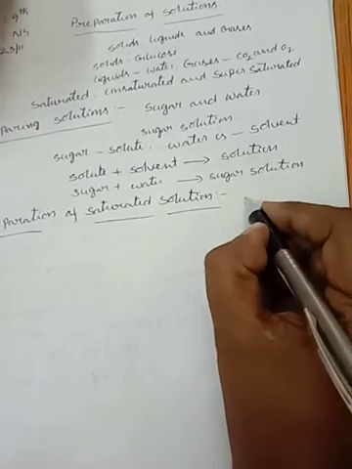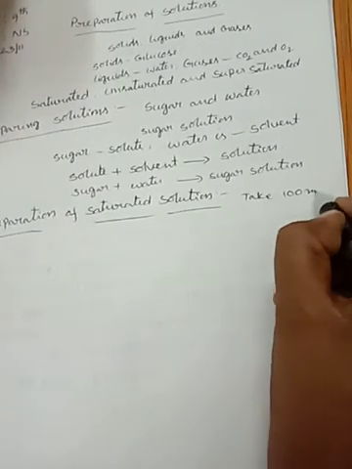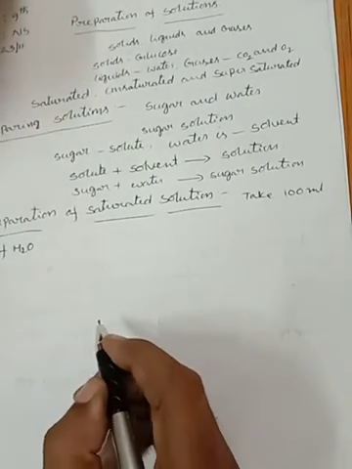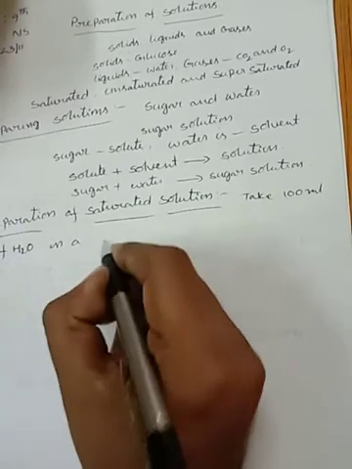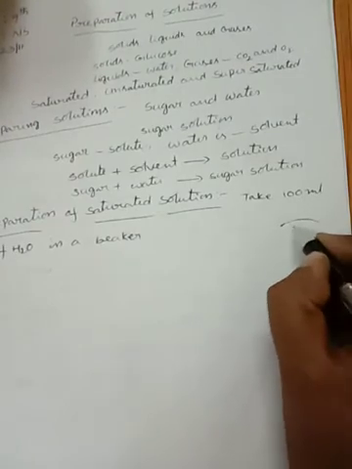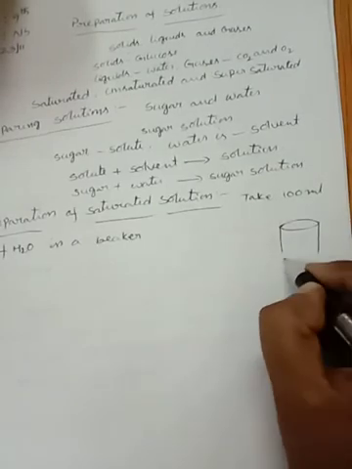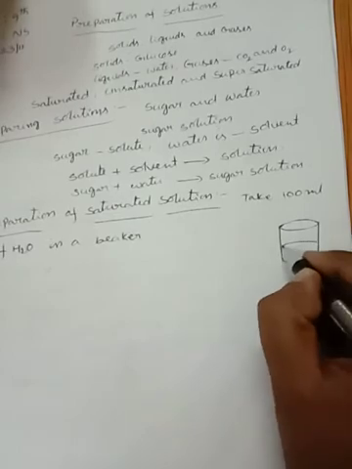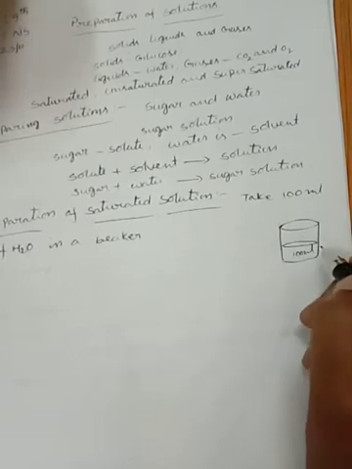First of all, take 100 ml of water in a beaker. So, this is a beaker, children. In this beaker, take 100 ml of water. The quantity of water is 100 ml.